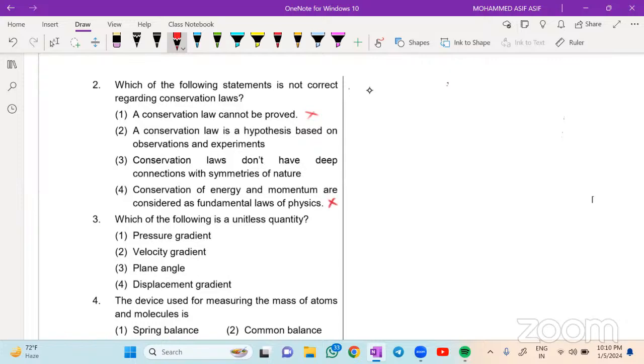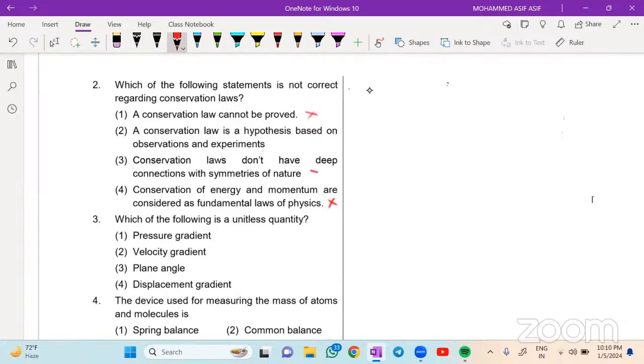See, conservation laws are hypotheses based on the observations and experiment. It's a hypothesis based on observations and experiments, and it cannot be proved. And these laws have connections with the symmetry in nature. And he is telling that conservation law does not have any deep connection with symmetry. This is wrong.